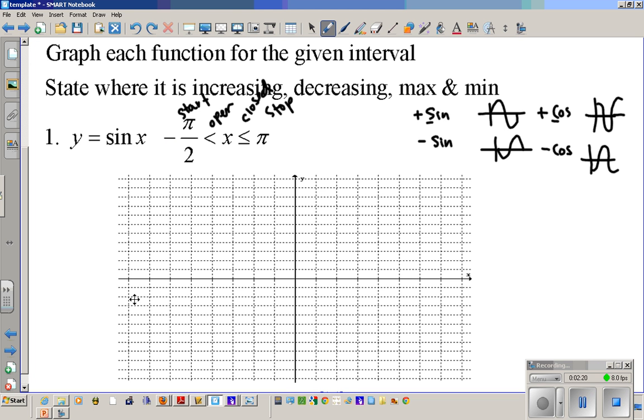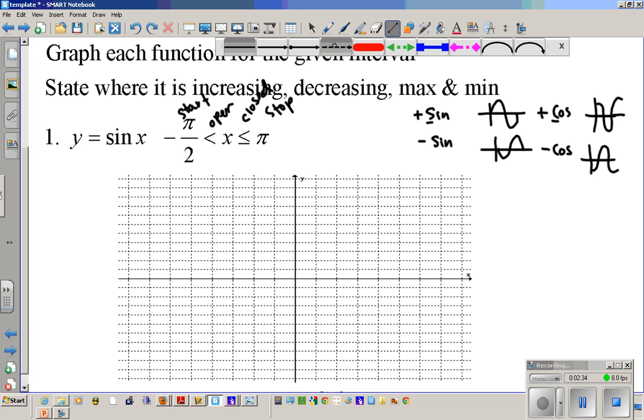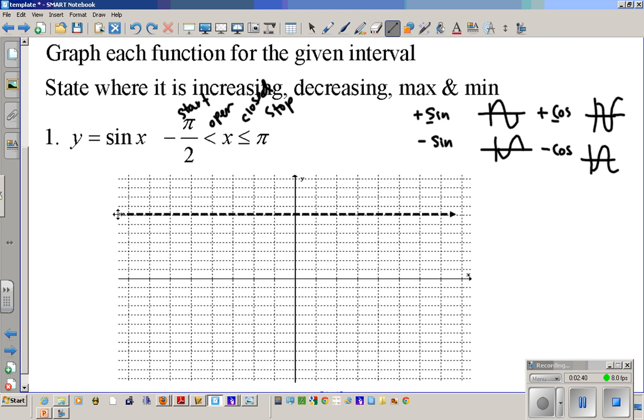Okay, so first thing we're going to do on this grid, we're going to draw the maximum and the minimum. Alright, so we can count 1, 2, 3, 4, 5, 6, 7 points up from the center to be our maximum. It could be any number you want, just make it long enough. So what is the number that we're going to assign to the maximum? What is the number in front of the sine?